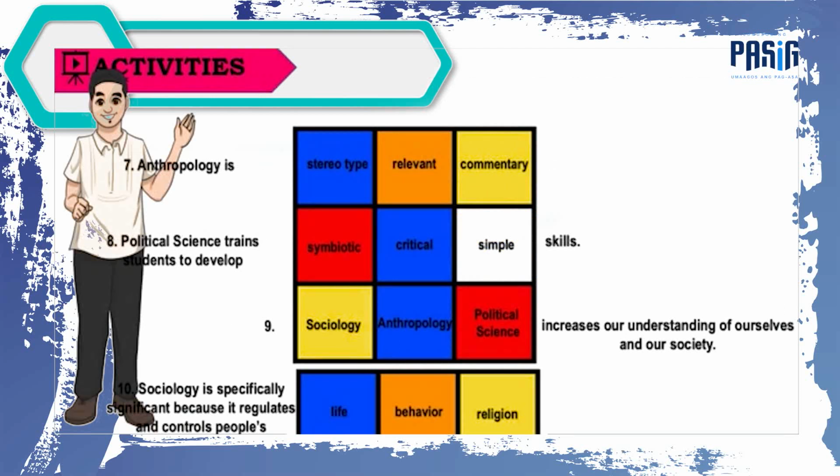Political science trains students to develop blank skills. Number 9. Blank increases our understanding of ourselves and our society. And finally, number 10. Sociology is specifically significant because it regulates and controls people's blank.